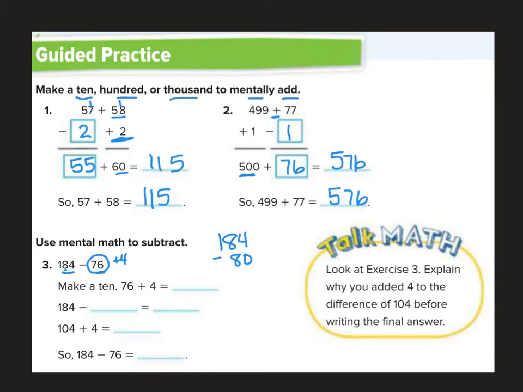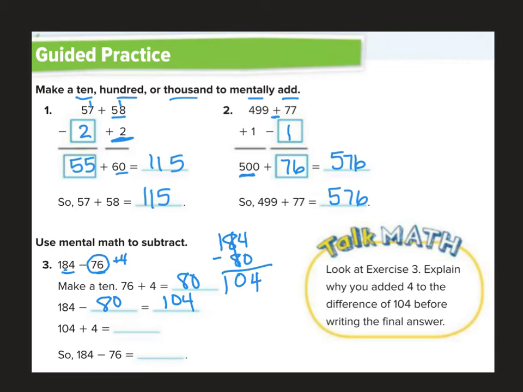Well, that's easy, right? 184 minus 80 is 104, right? So these 8s make a 0, 4, 104. Now, I subtracted 4 too many.